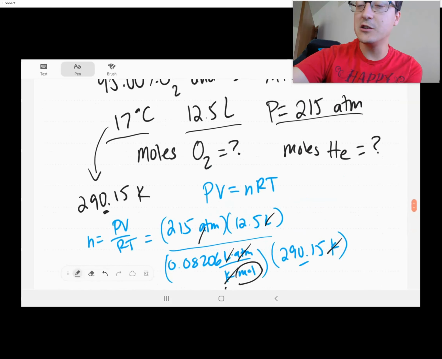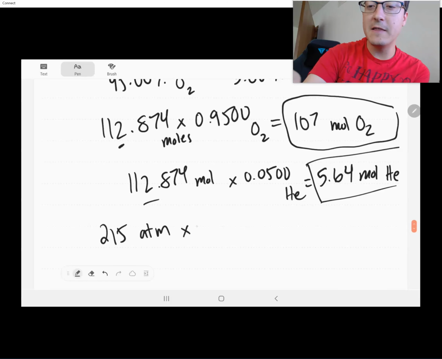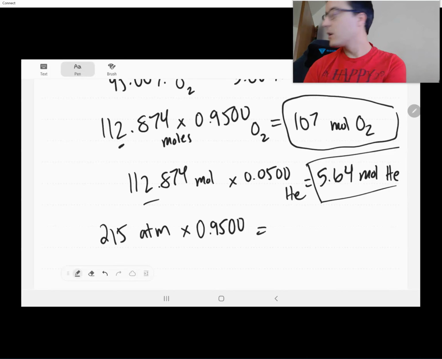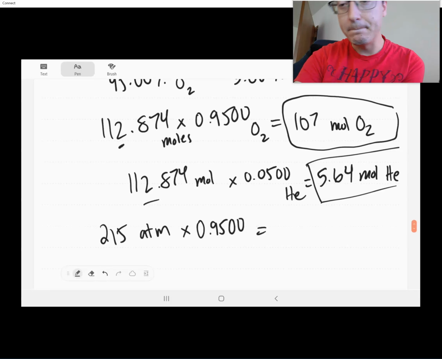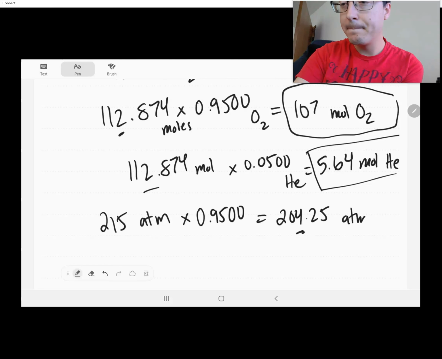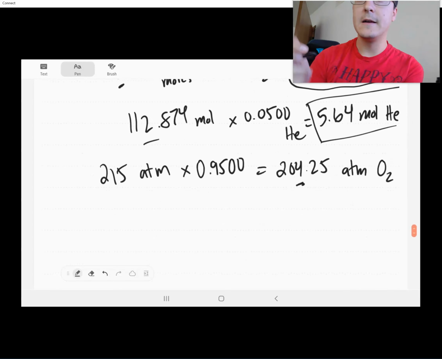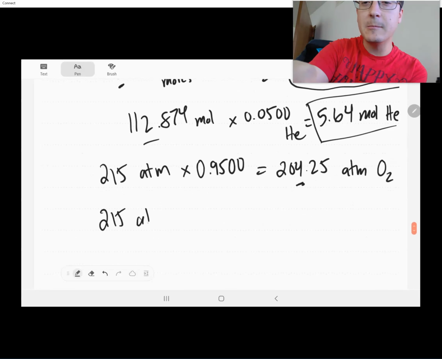So if we see that we had 215 atmospheres to begin with, we could have multiplied that by 0.95 to begin with. Computer, 215 times 0.95. 215 times 0.95 is 204.25. We could have found the pressure of oxygen first, and the pressure of helium.